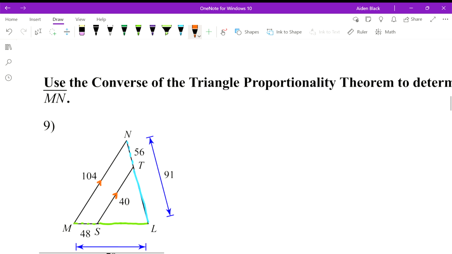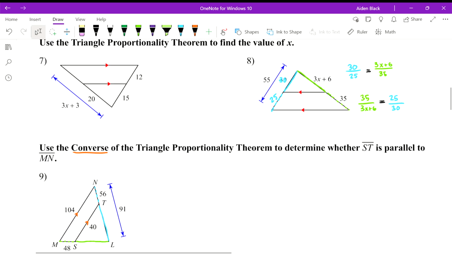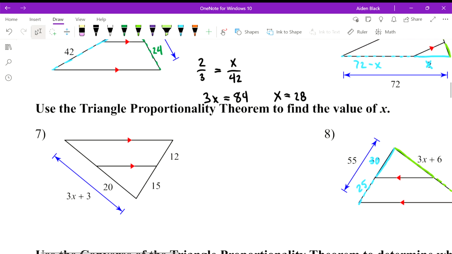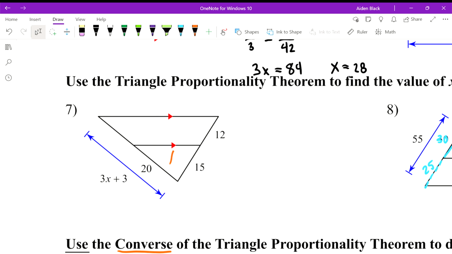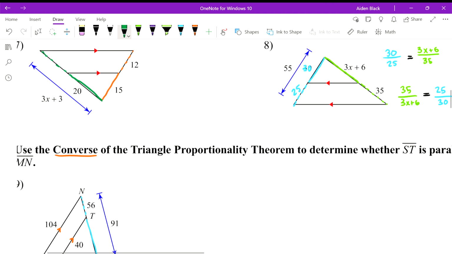We should remember what the converse is. It's basically the reverse of whatever theorem you're looking at. This theorem is stating that since the lines are parallel, we know that these are proportional. So we're doing the reverse of that.